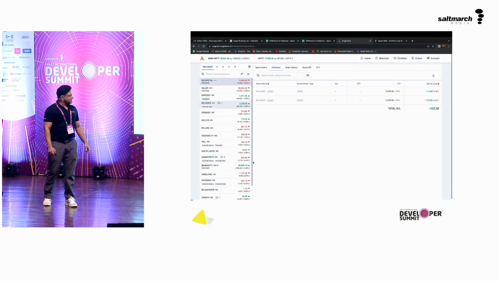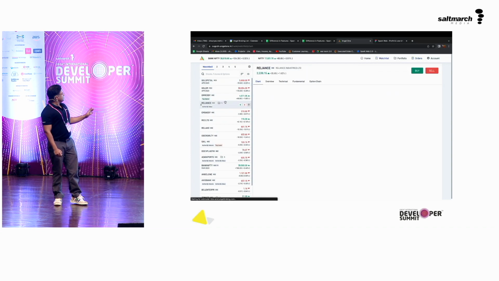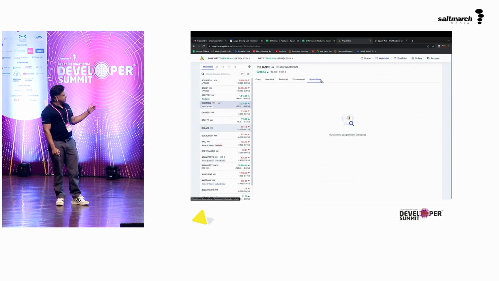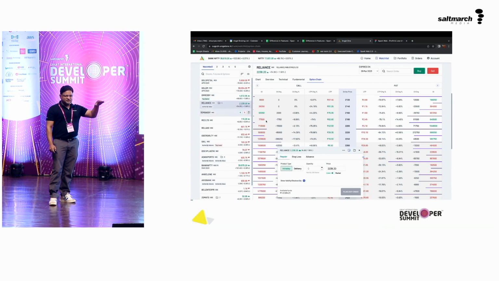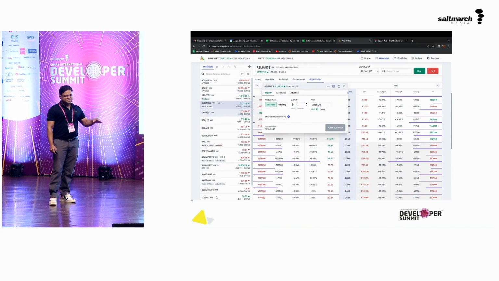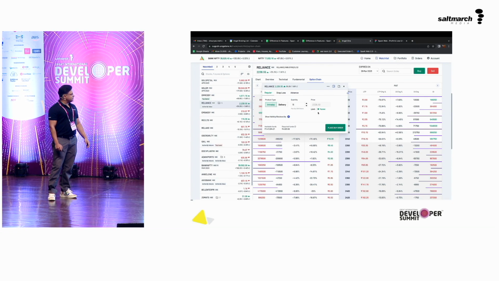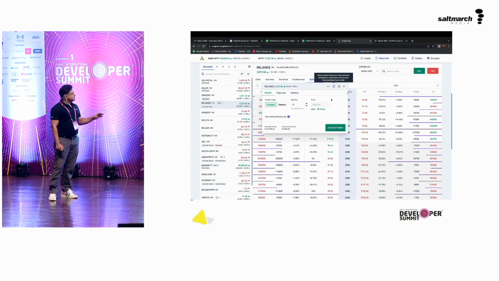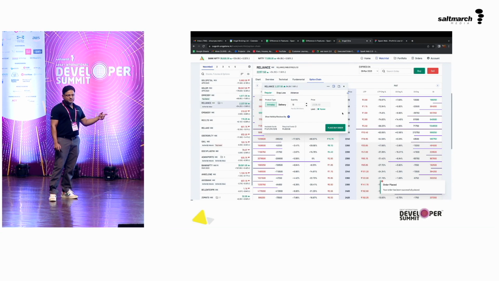So this is a short demo of what we're talking about. This is a trader. He's going to look at Reliance, the price charts, and this is something called an option chain, which has various contracts of Reliance, various dates, various prices. And then he's going to start placing orders. Right, and this is someone who's actually doing this. So you can see how fast he is placing orders.